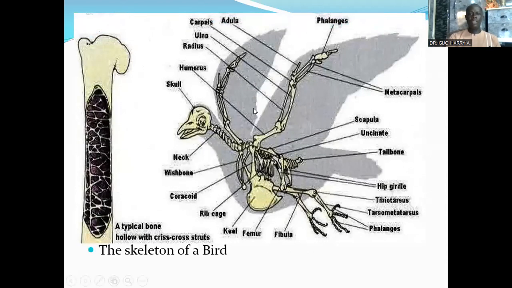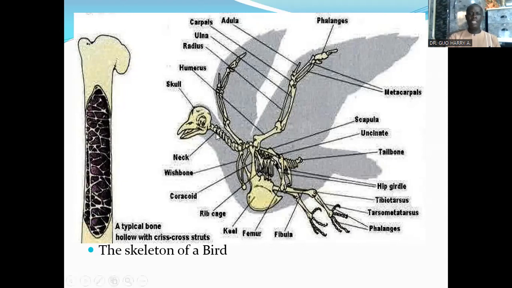Now, this is the picture of the skeletal system of the bird. You can see here the skull, the humerus, the radius, and the ulna. They also have the carpals, the metacarpals, and the phalanges, though the shape is quite different from that of humans, but they have some of these similar bones.